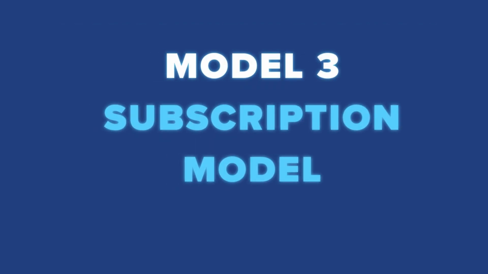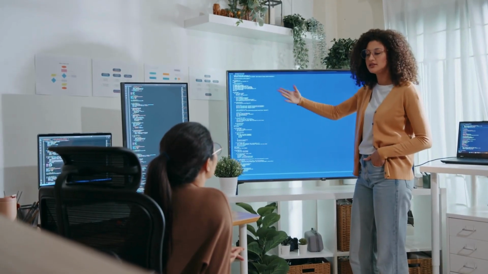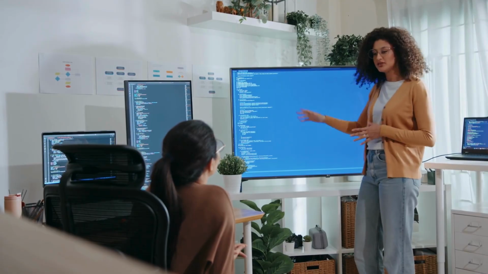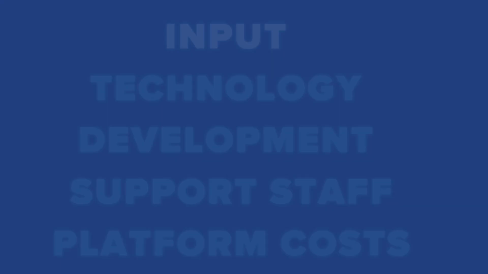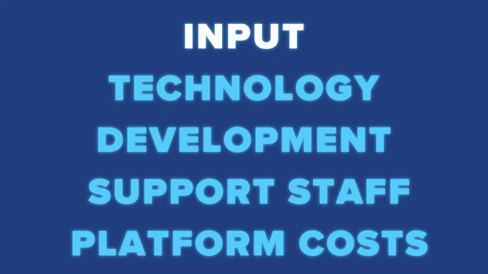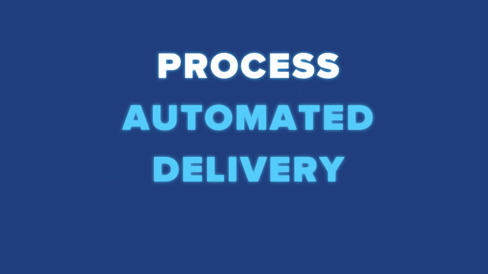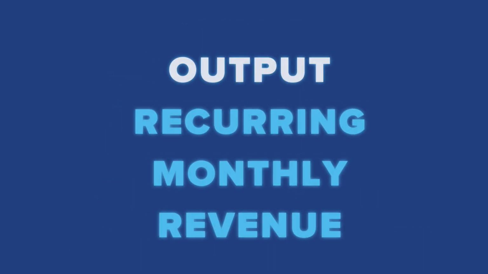The next model we are going to focus on is the subscription model. Examples are software providers, memberships, and online platforms. The input is technology development, supporting staff, and platform costs. The process is automated delivery, and the output is recurring monthly revenue.